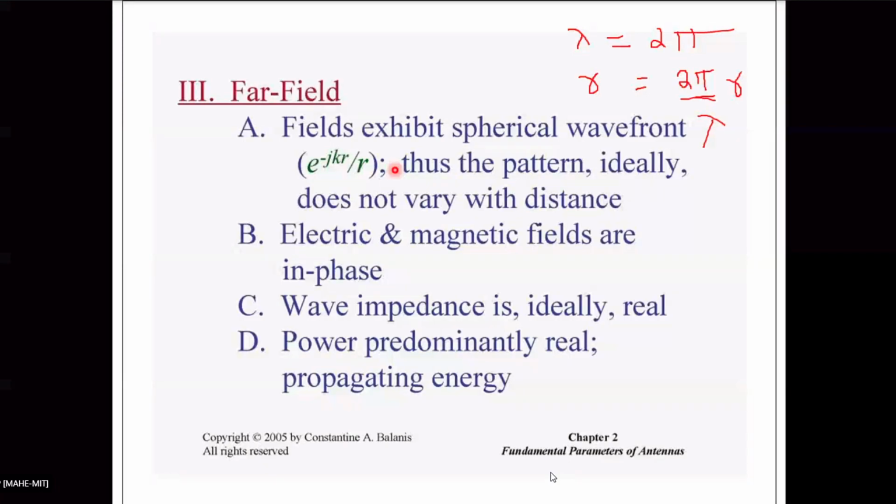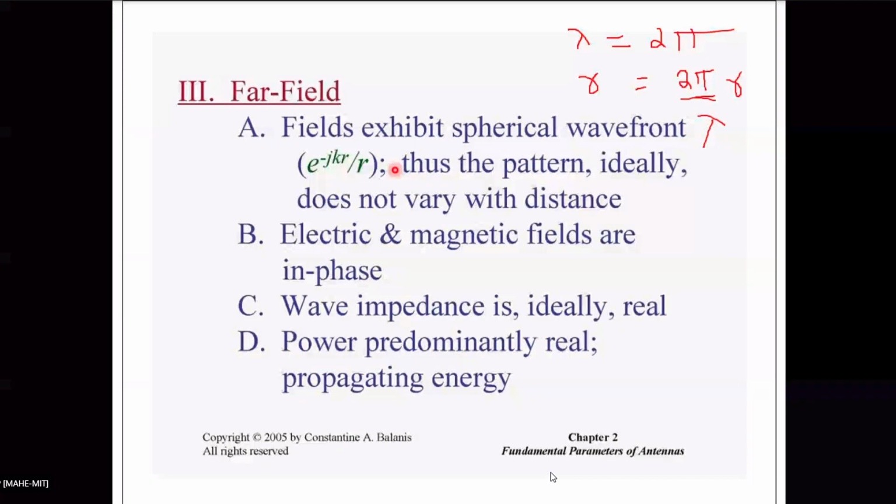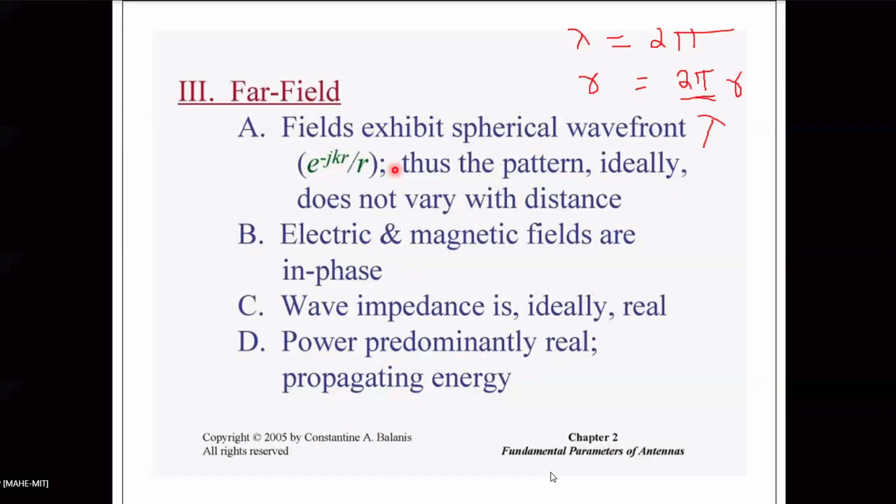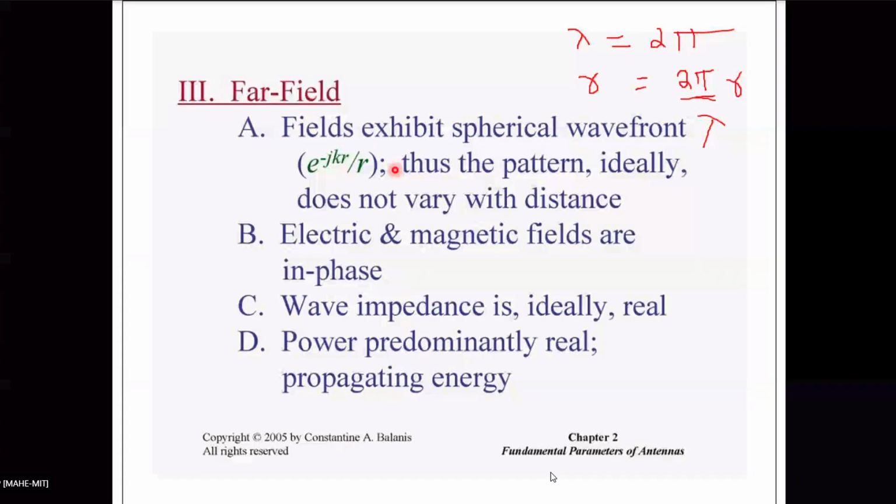Then electric and magnetic fields are in phase. Because if it is in phase only, the power will be real. If it is not in phase, there will be some real part and some reactive part. Electric and magnetic fields are in phase. So in phase means the phase angle between electric field and magnetic field will be 0.